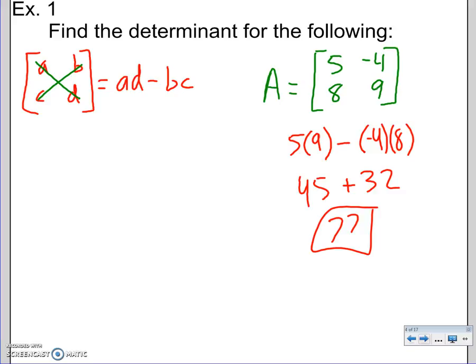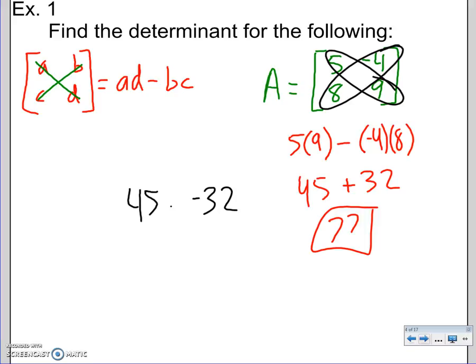So actually, some kids in the past have liked doing 5 times 9, 45, and they write that number by itself. Then they multiply the other diagonal, they get negative 32, write that number by itself, and between them put a minus sign. So 45 minus negative 32, that makes it plus 77. So you do them separate, then subtract them, that's fine too.